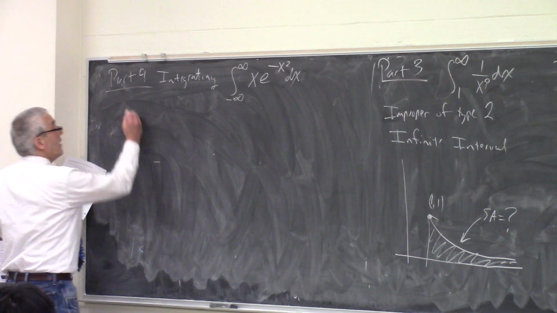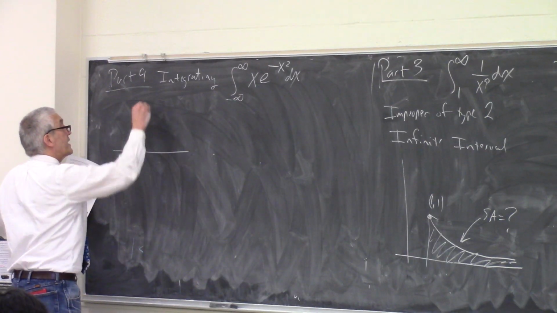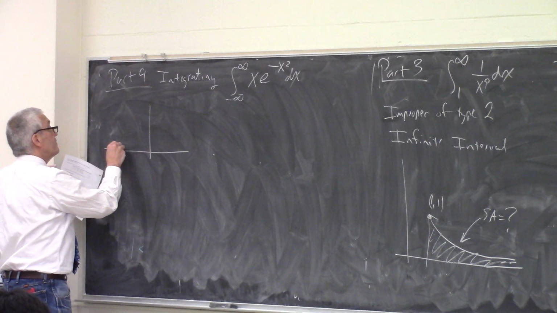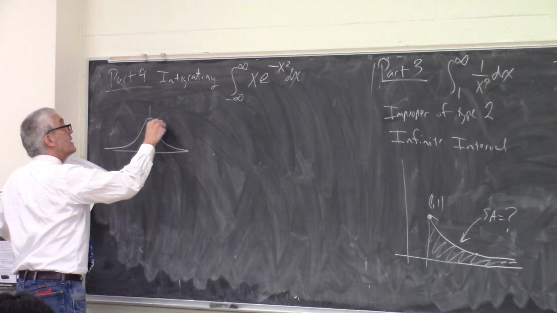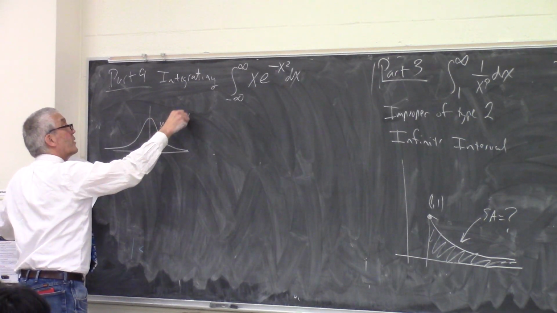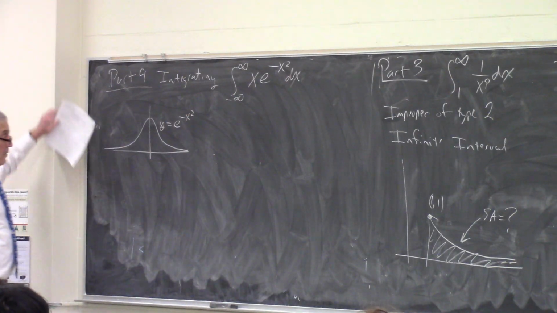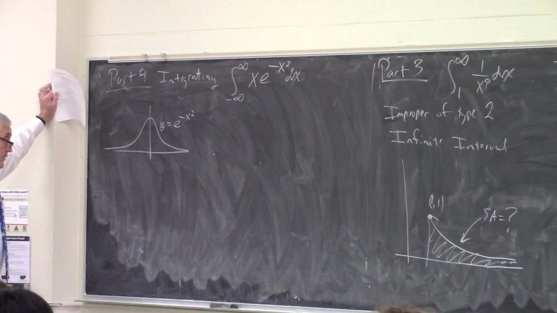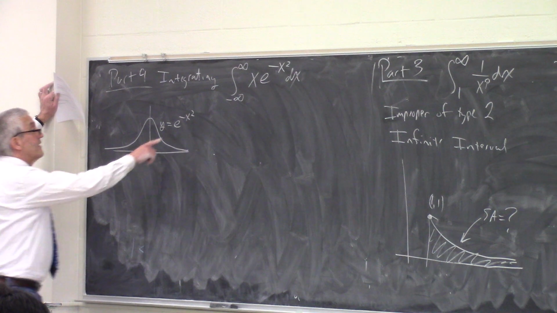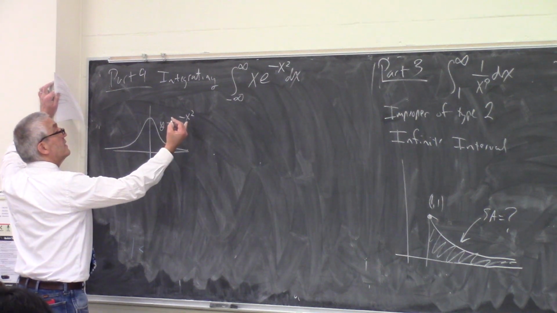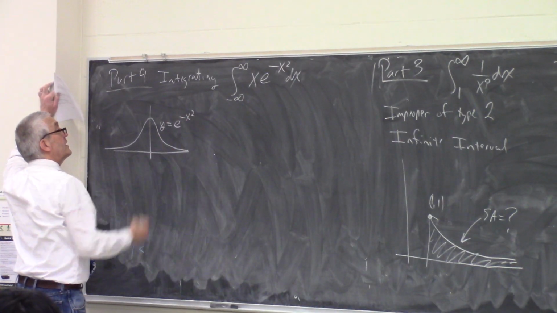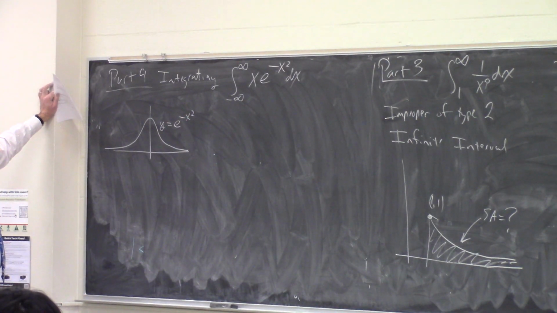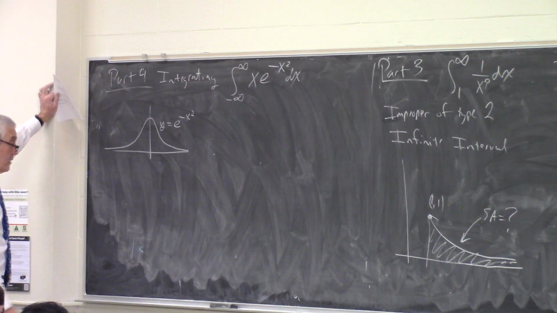So remember from Calc 1, if you had me for Calc 1, you got tired of me talking about this famous graph. This is the graph of y equals e to the minus x squared. It's a bell-shaped curve. There's a whole family of these things. The key is that it's an exponential function with a quadratic polynomial in the exponent with a negative leading coefficient. But that's not our graph. Our graph has an x in front of it.